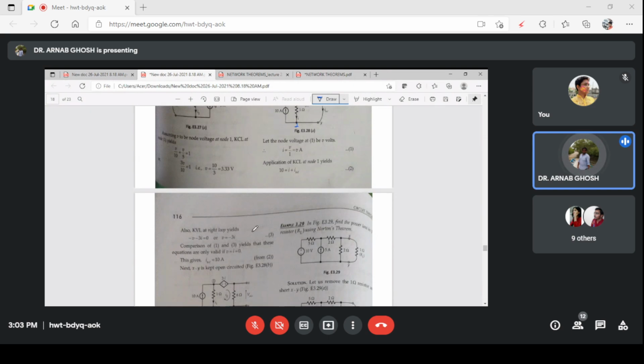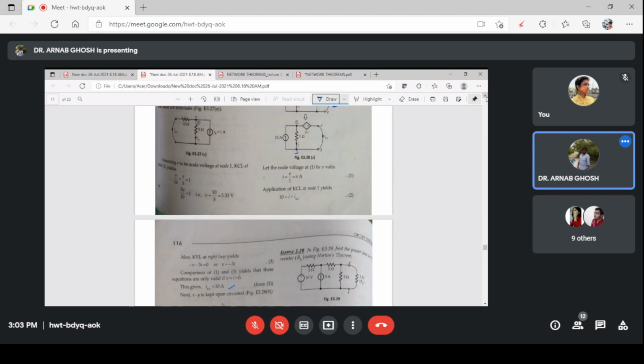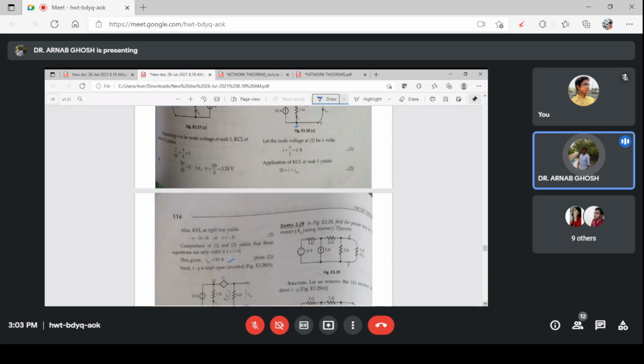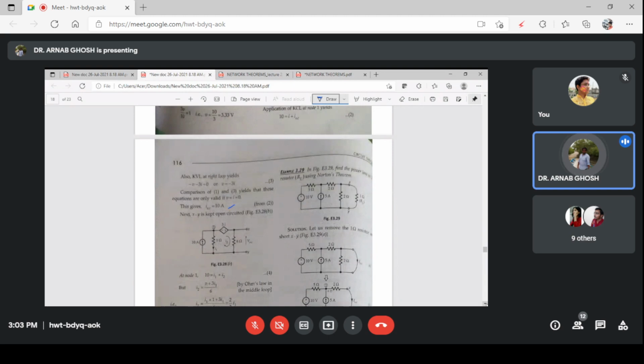So V is coming out to be minus 3I. This is valid only if V and I are both equal to 0. Therefore ISC is coming out to be 10 amps.